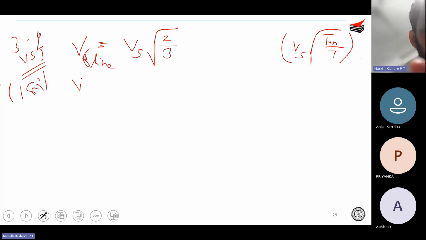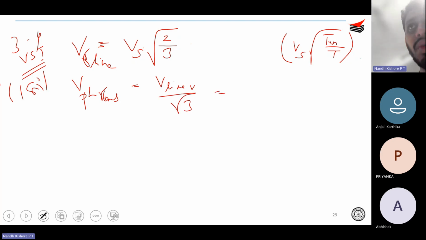So what is the phase RMS? Phase RMS is going to be V line RMS divided by root 3. Correct? Therefore, Vs into root over 2 by 3 divided by root 3. Simple, right? So if you know one, you know the other.